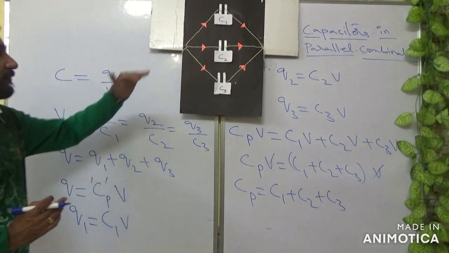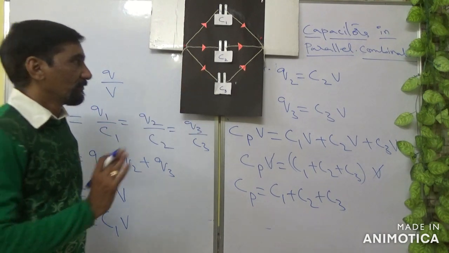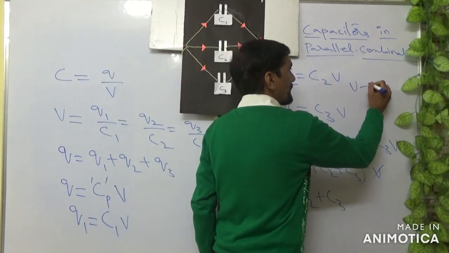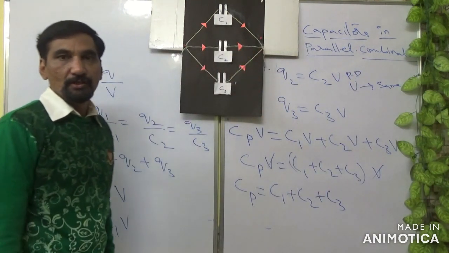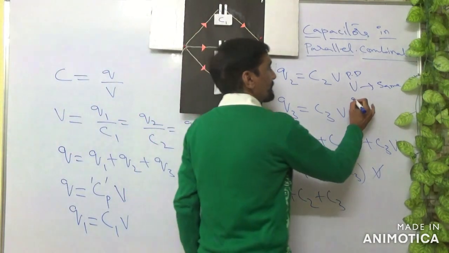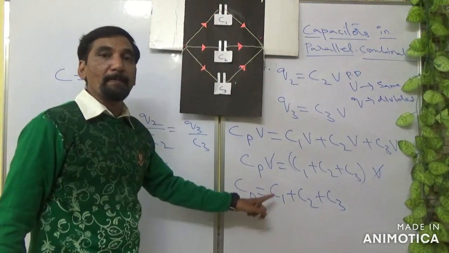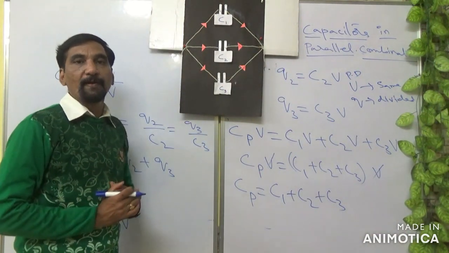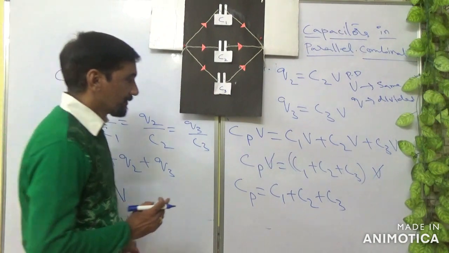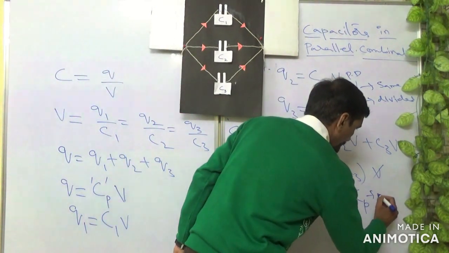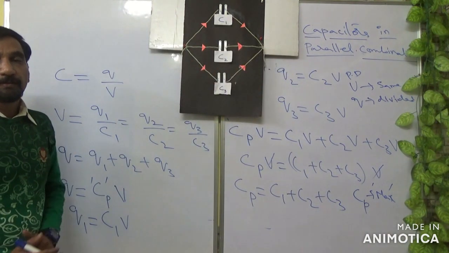Okay, so remember, whenever you join capacitors in parallel combination, first important point, that is V remains same, means potential difference, right? Q divided, and offers maximum capacitance. So maximum capacitance offered when they are joined in parallel combination.